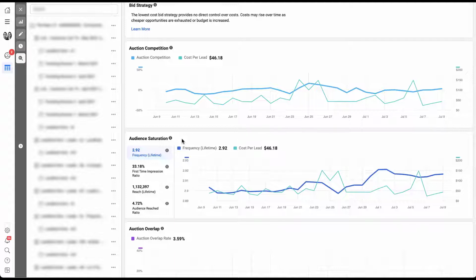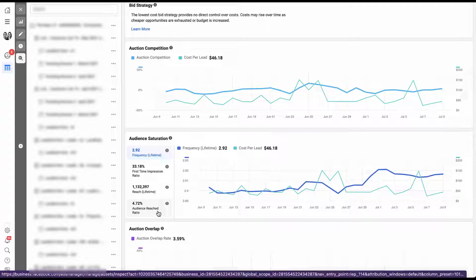And that means that it is going to be the amount of the target audience that you have reached based on the estimate Facebook gives you in the audience creation section. So I'm not going to do it right now, but if I were to hop back into this edit function for this ad set, it would tell me that there are 24 million users within this estimated audience size, and we can take the 4.72% mark down here to know that we have reached almost 5% of that 24 million user set.